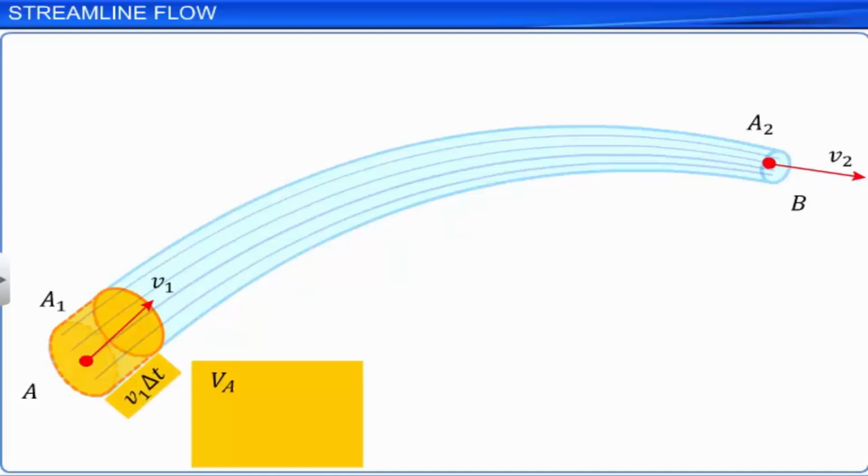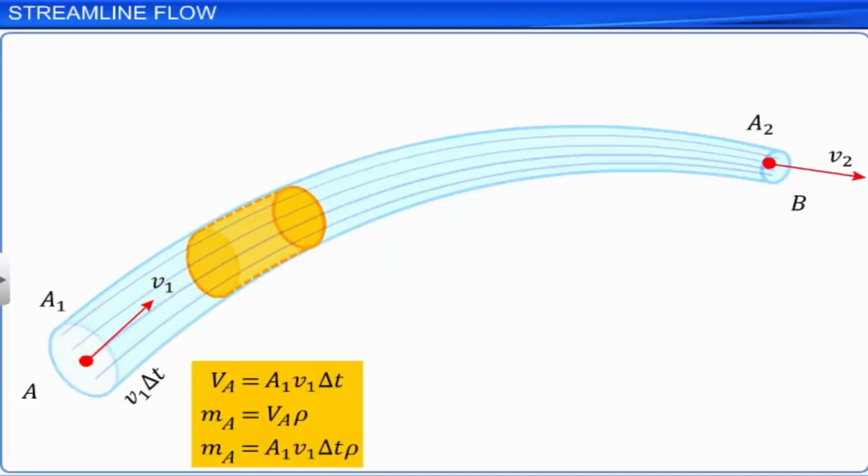The volume of the fluid going into the tube through the cross-section at A is A1 V1 delta t. If ρ is the density of the fluid, the mass of the fluid, mA, entering the tube at A in time delta t is A1 V1 delta t ρ.